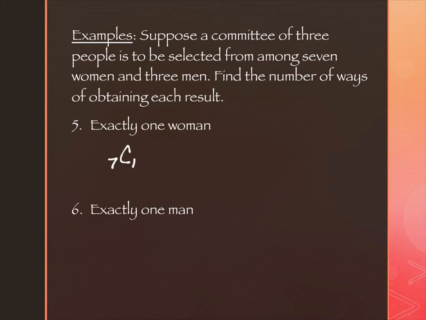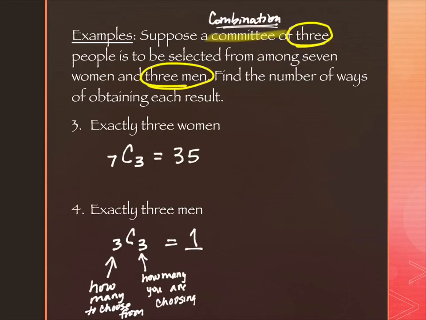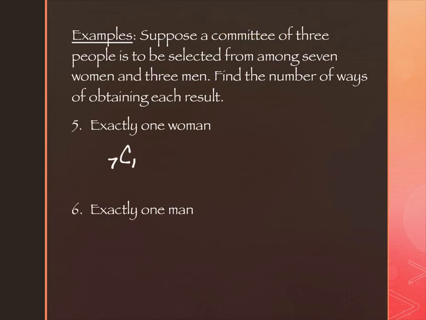I still need 2 more, and the 2 more can only be from among the men. So I would need to select 2 more people from among the 3 men. I end up with 2 pieces of combinations, but the 2 here and the 1 here still add up to choosing 3 people on my committee.